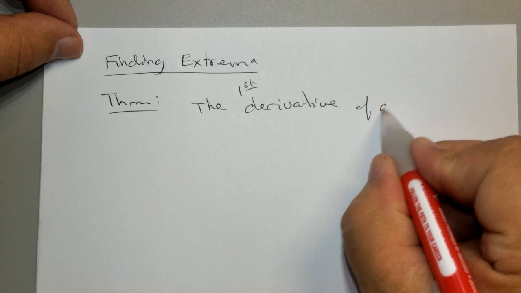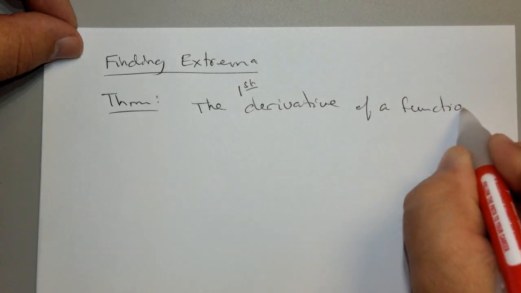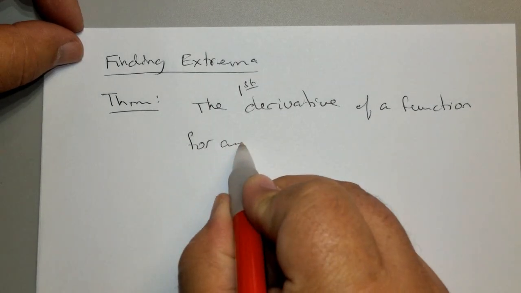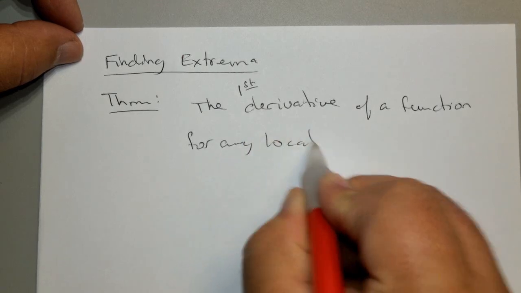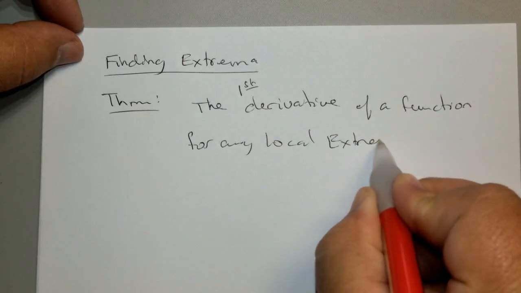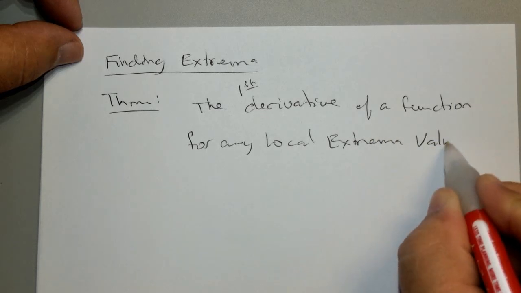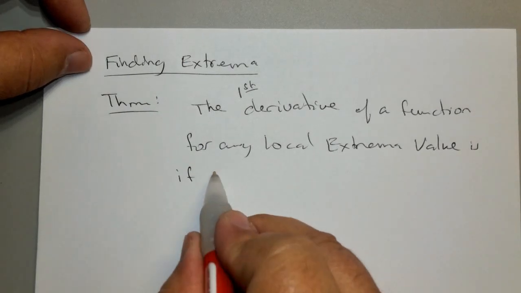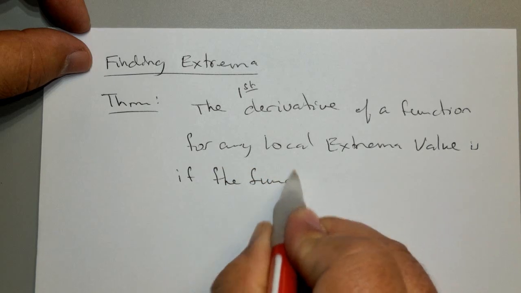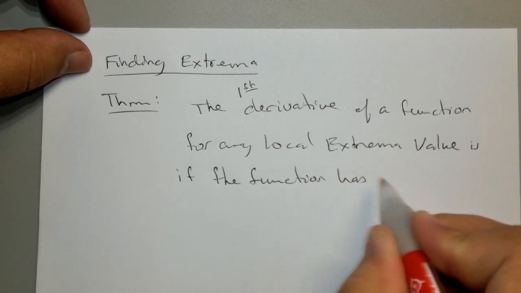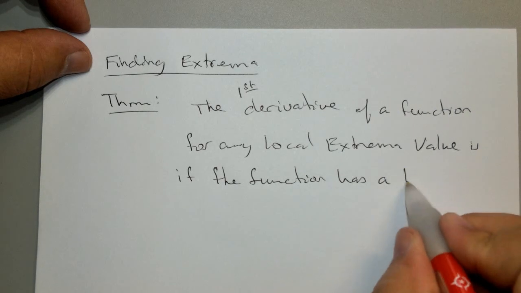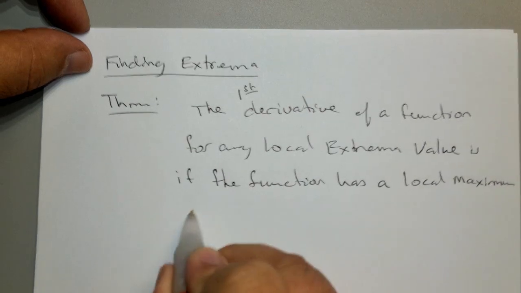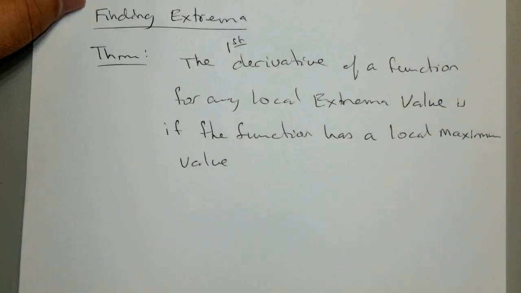The first derivative of a function at any local extrema is this. If the function has a local minimum or maximum, let's do that first.